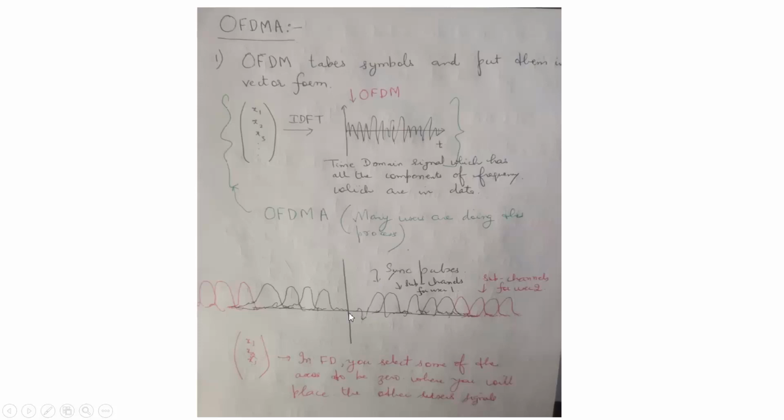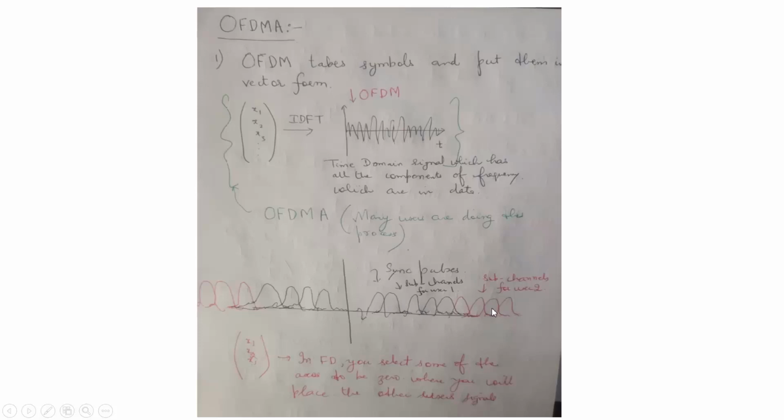So if this is the rectangular representation of the symbols, then if you take the Fourier transform in the frequency domain, it will be sinc pulses. These black sinc pulses are for user 1.